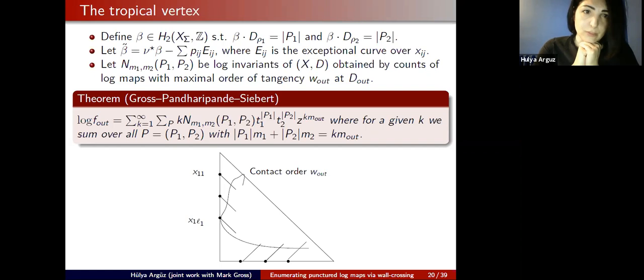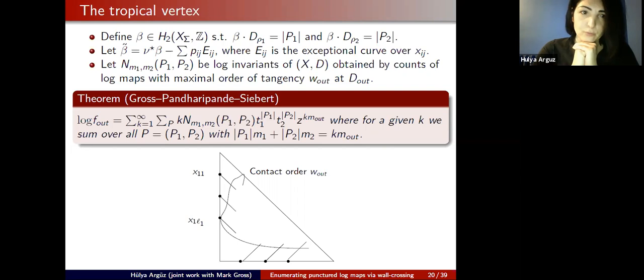You define your class beta tilde by taking the pullback of beta minus p_ij times the exceptional curves, and you let N_{m1,m2,p1,p2} be the log invariants of the local Calabi-Yau variety obtained by counts of log maps, which intersect the exceptional curve over x_ij with order p_ij, and which intersect the outgoing divisor with contact order w out.